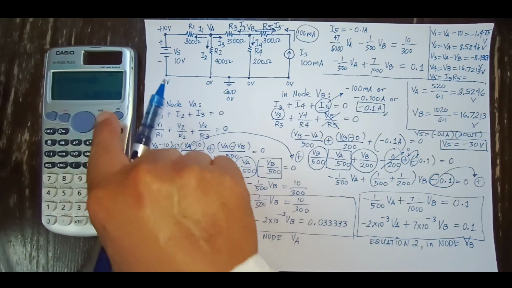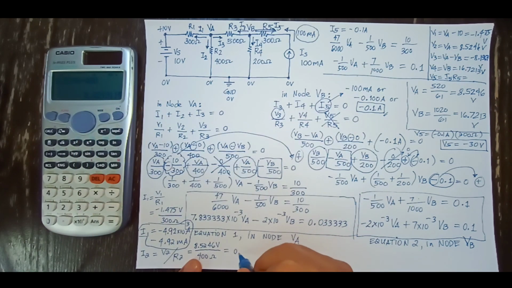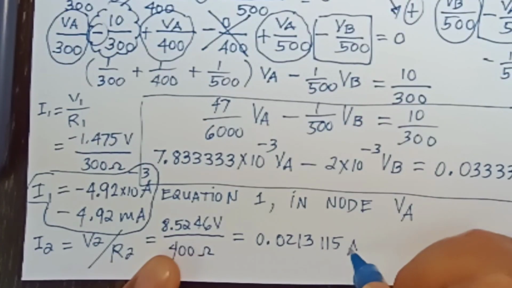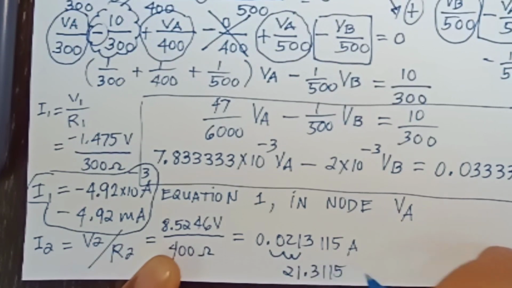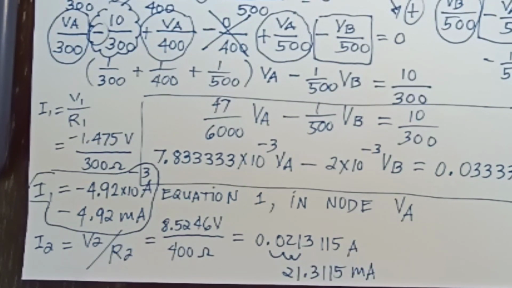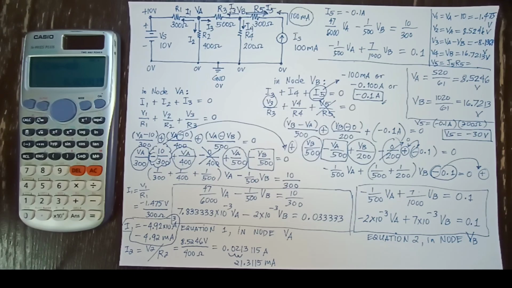Let's see. We got the answer of 0.0213115 amperes. So let's move the decimal point to the right. We will get 21.3115 milliamperes for I2. And for I3, where will we put I3? Let's put it over here on the right side. But let me put a circle, let's encircle the I2.